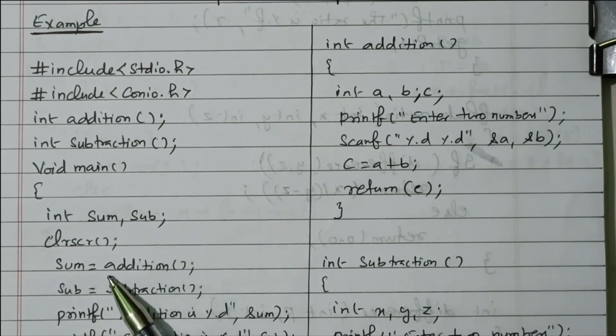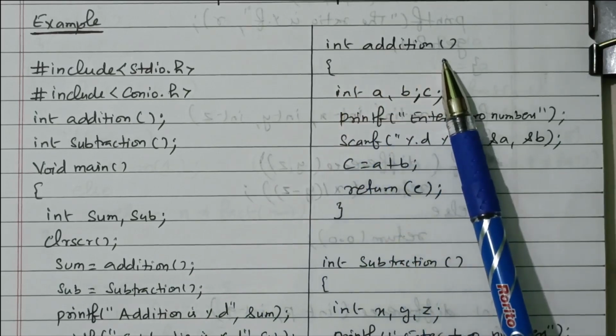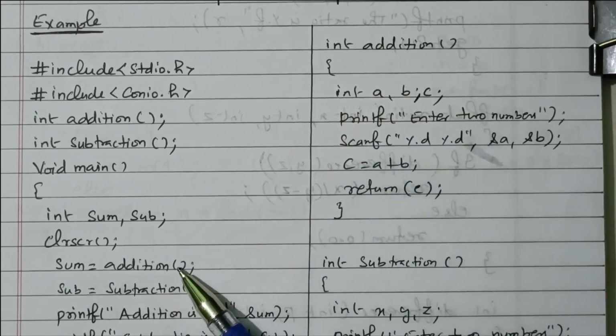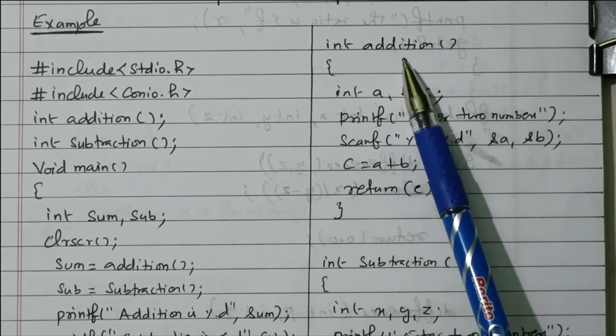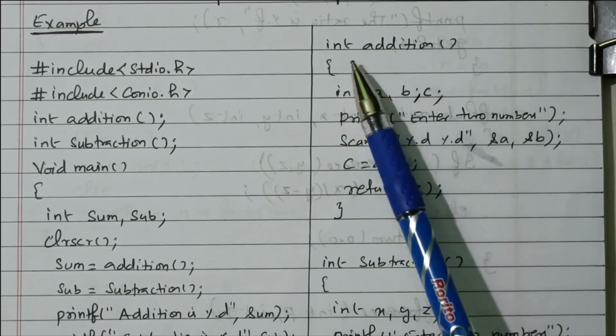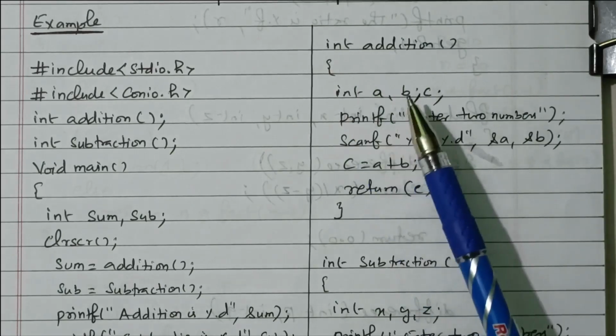sum = addition(). Without any argument, we are calling the function. Now the control will transfer to int addition, so both should match. Here also parameters are not available, and there also parameters are not available. The function name is addition, and it will return an integer value.